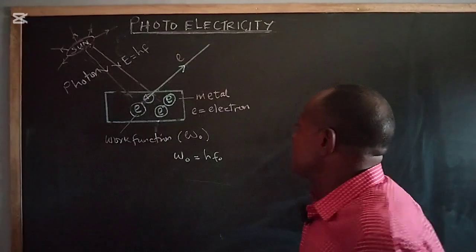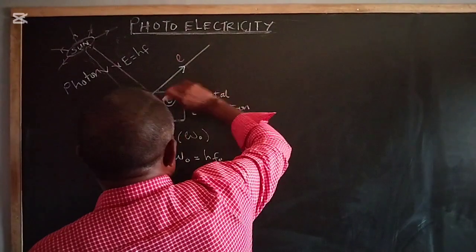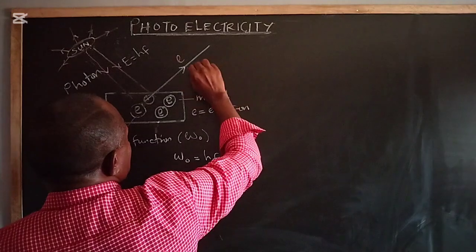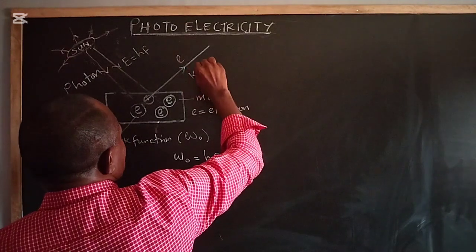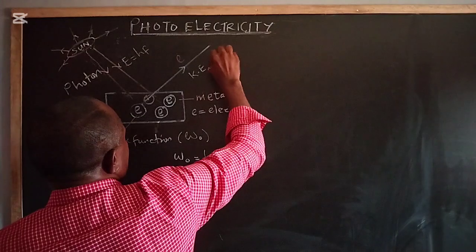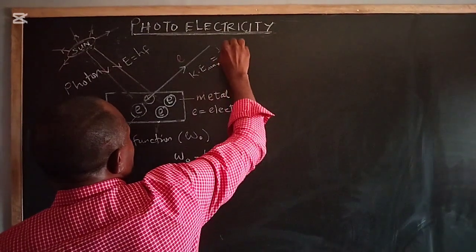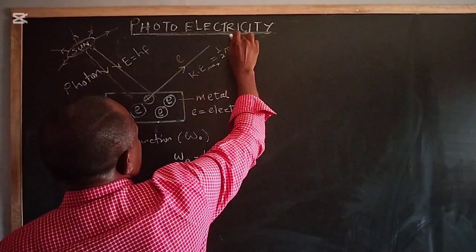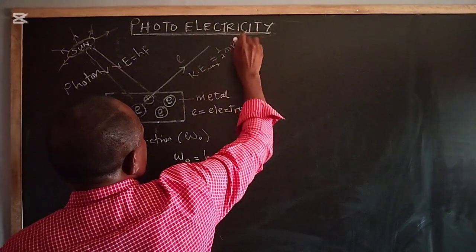Electrons that are removed or ejected will possess maximum kinetic energy, which is defined as half mv squared, in this case with respect to the electron.